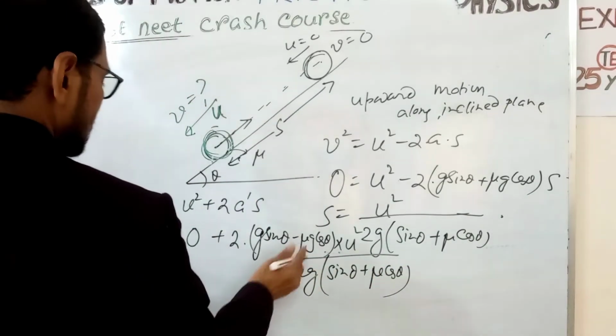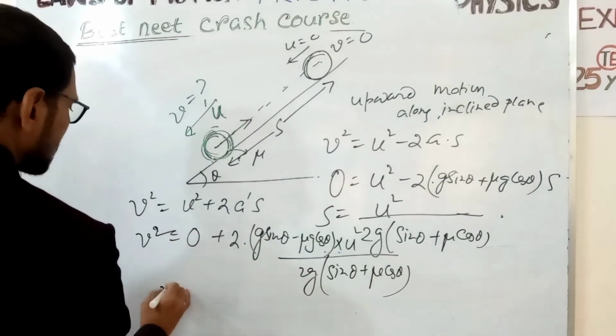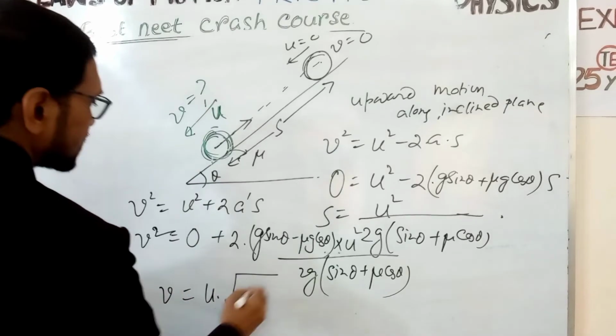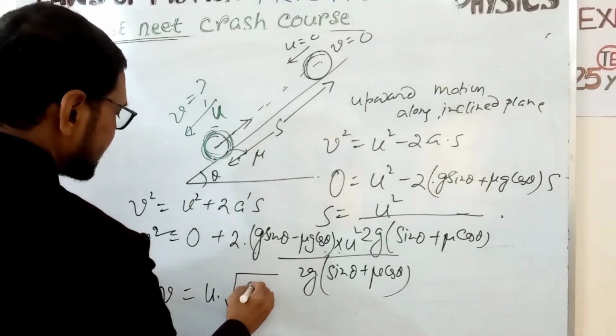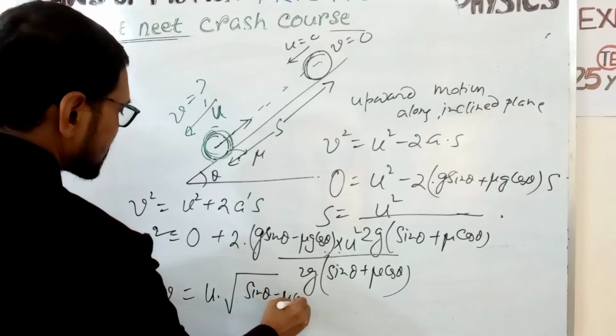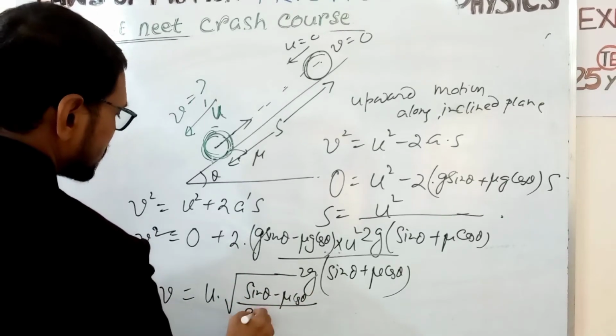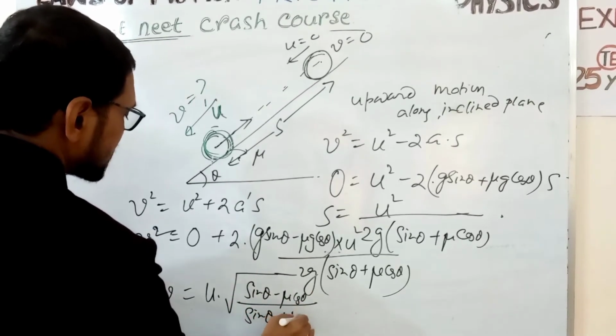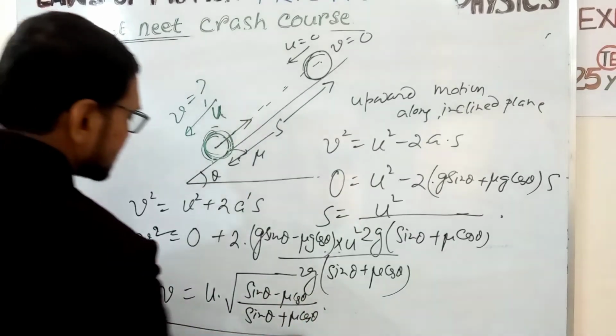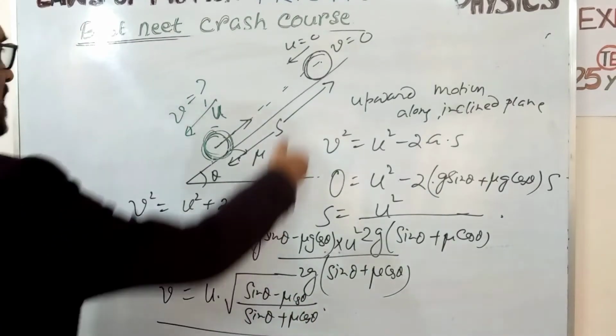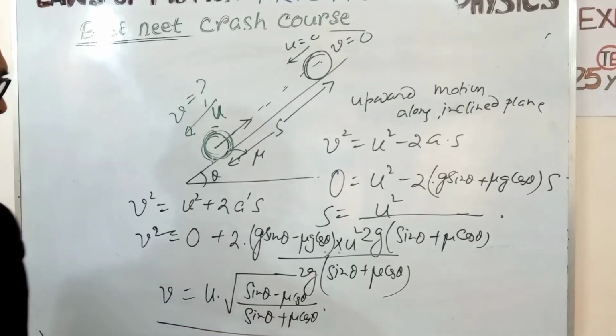Cancel 2g. So v equals u times the root of (sin theta minus mu cos theta) divided by (sin theta plus mu cos theta). This is the answer. When the body returns, the velocity becomes this.